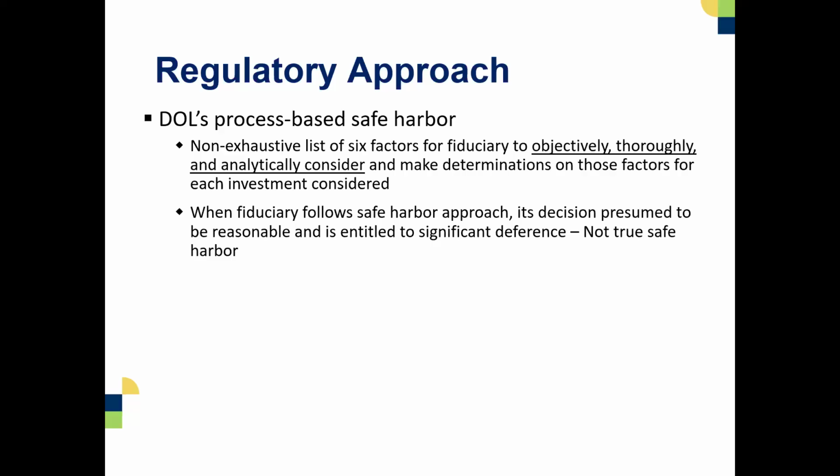I underline that, objectively, thoroughly, and analytically consider, because it occurs throughout, especially the preamble to the regulation. And so what we're going to want to do as a fiduciary is objectively, thoroughly, and analytically consider those 6 factors with respect to the investments that we're going to consider when making a decision which investments we're going to put into our plan.